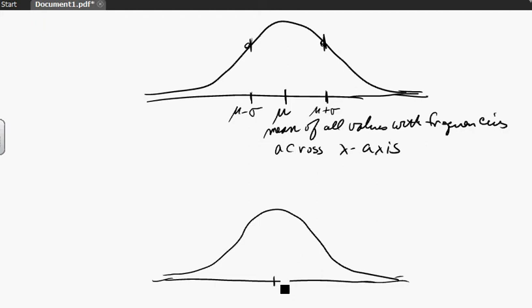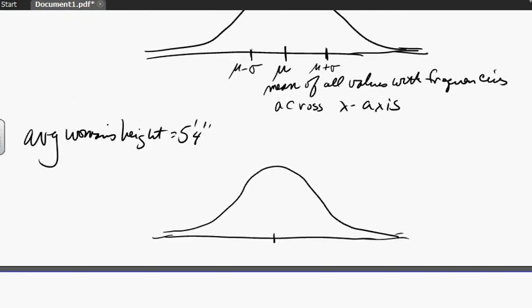I believe the average woman's height is 5'4". I don't want to write 5'4" on my graph. How many inches is 5 feet 4 inches? 64. Okay.